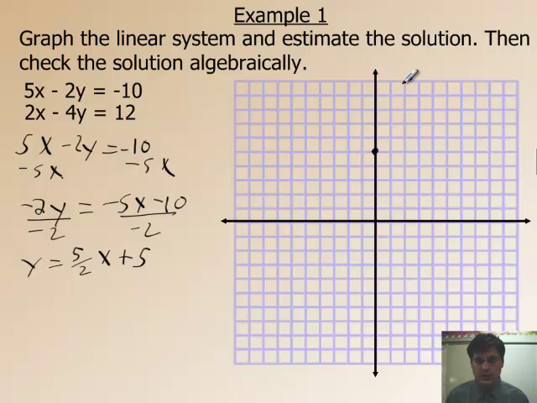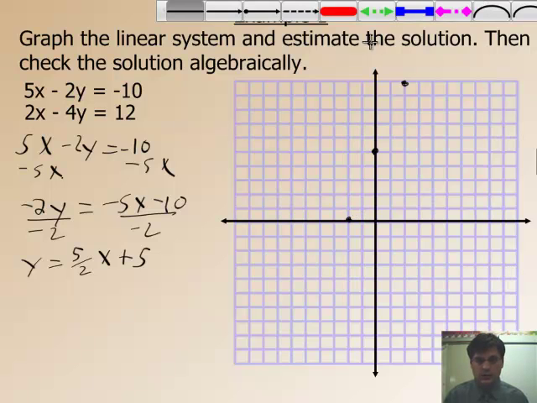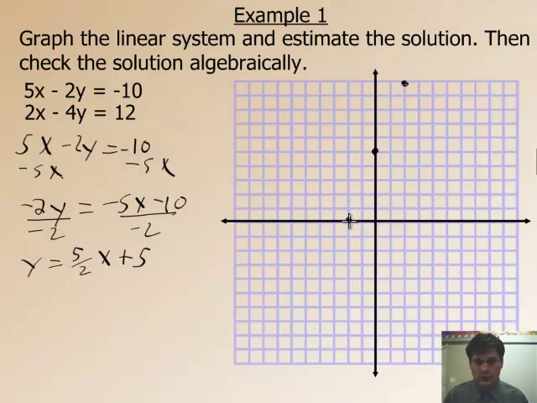And that's going to take me to the edge of my graph. I want to get at least 3 points in when using this method, so let me work this one backwards, down 5 and then to the left 2. Okay, and we'll connect those. So I have one, goes like that.